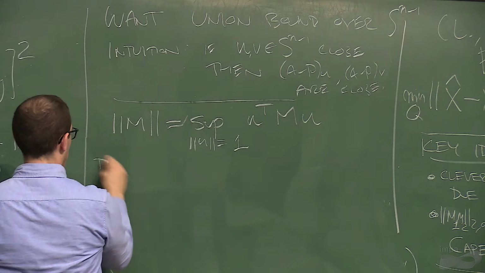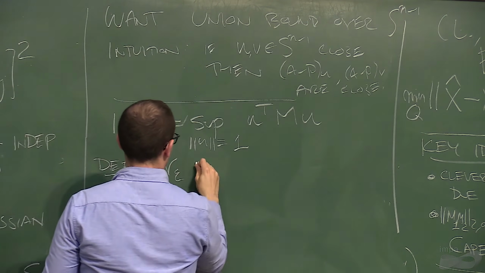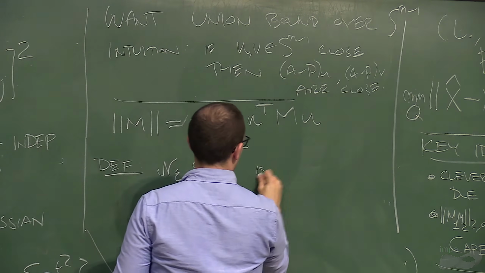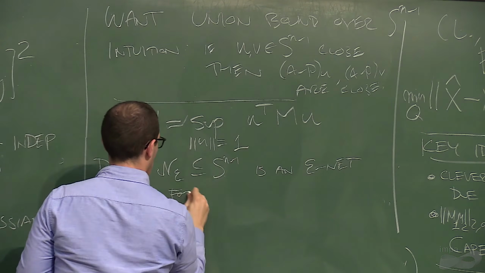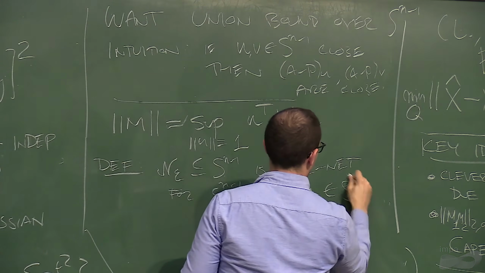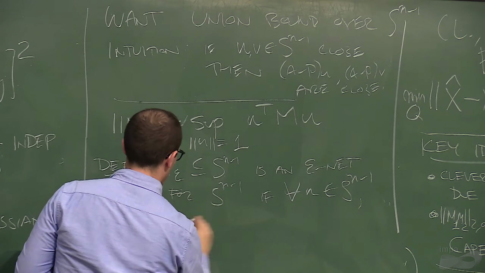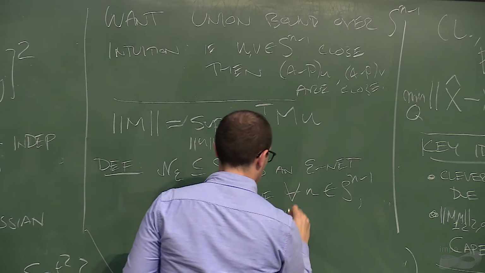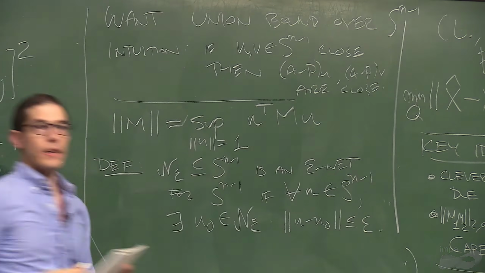So we need one definition. N_epsilon, a subset of S^{n-1}, is an epsilon net for S^{n-1} if for any element u of S^{n-1}, there exists some u_0 in this set such that the norm of u minus u_0 is at most epsilon.